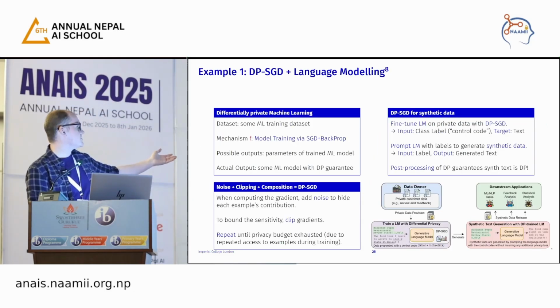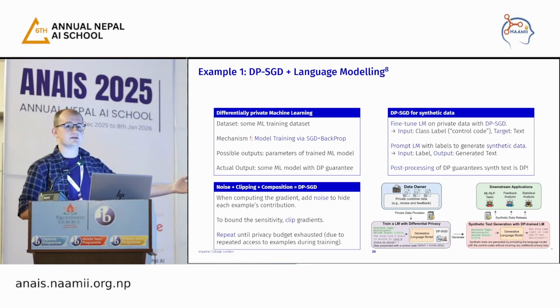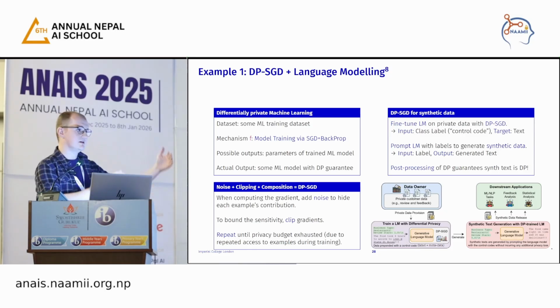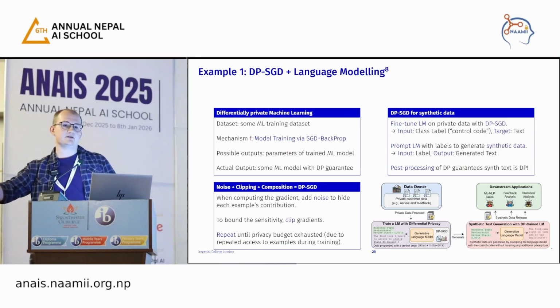We can use differentially private SGD to train a generative model on data, and the way it looks is, we fine-tune a language model on private data with DPSGD. So this way our generator is differentially private, and we give it as input the class label. Let's say we want to generate movie reviews, we say generate a positive movie review, and then as a target we say, and this is the text that you need to generate.